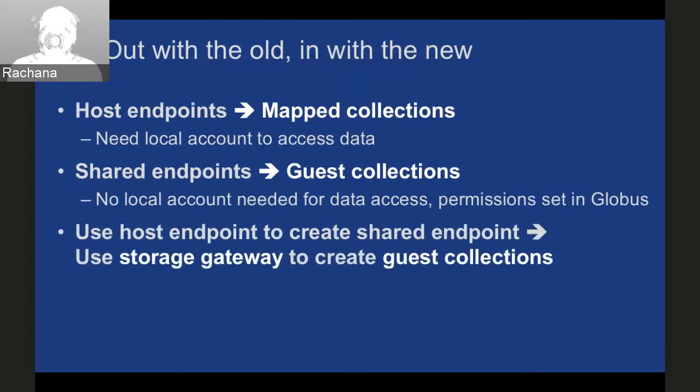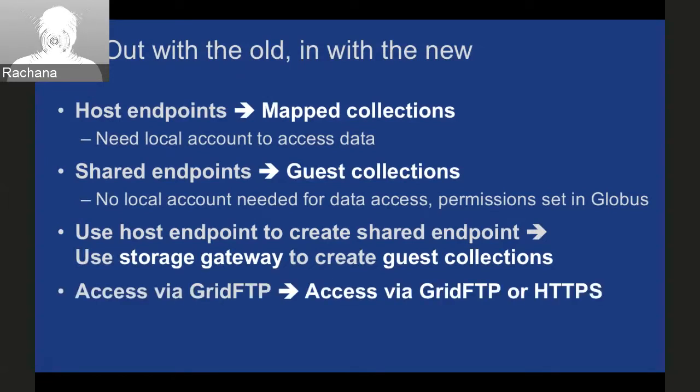You would use a host endpoint to create a shared endpoint today, so that's where it's rooted. In the new model, you would use a storage gateway to create guest collections. And then finally, with 5, you have both GridFTP and HTTPS access to the data with the same security policies. Whatever permissions you set and authentication requirements, they apply however you come in and access the data.